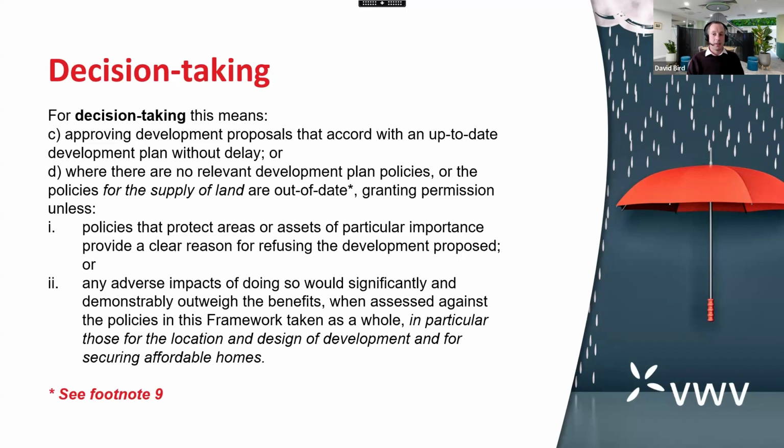And here, the government is focusing the attention of the local planning authority on the location, which I take to mean transport probably, and design of the development, and for securing affordable homes. If you can show good things about those three things, you are more likely to get your permission. Next slide.